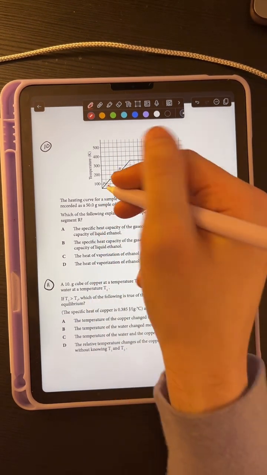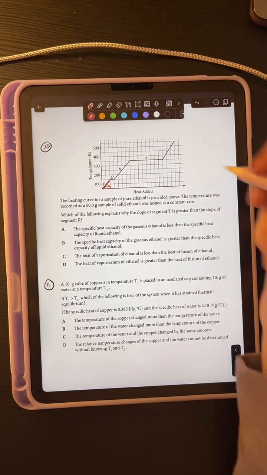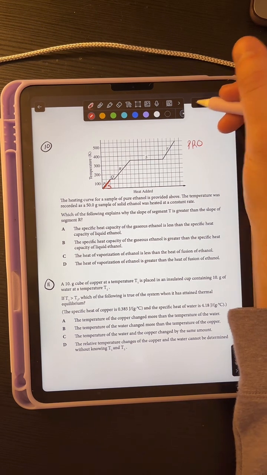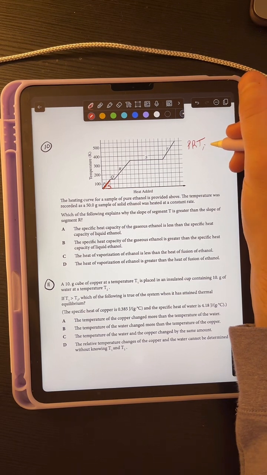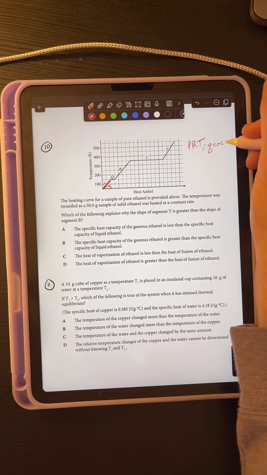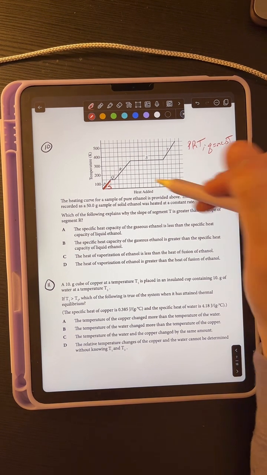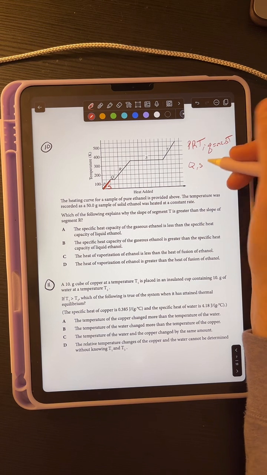Now, as we see here, we're changing our temperature. So anytime that we're changing our temperature, like P, R, and T, we can use Q equals mcΔT because we're changing our temperature. But in the instance of Q and S, we're not changing temperature.